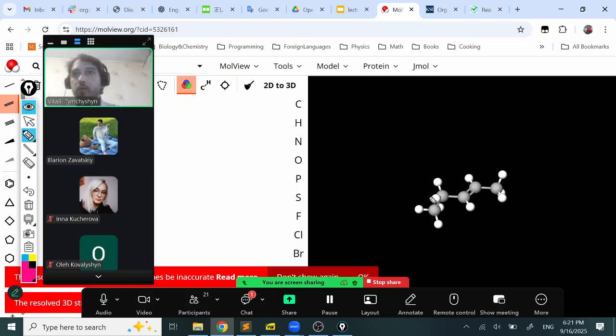So you can see that I can draw a plane, and they all are planar. Why? Because we have a pi bond here, so there is a large electron density above and below. So all these other bonds are trying to get away from that high density, and so they are, let's say, living in the plane of this double bond. So that's what we have.